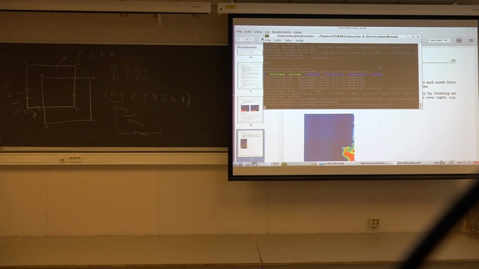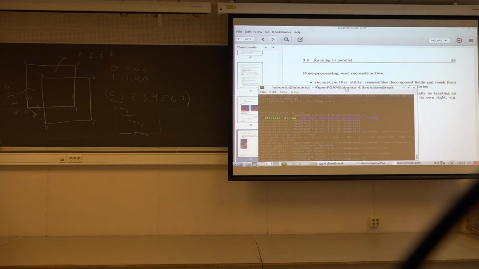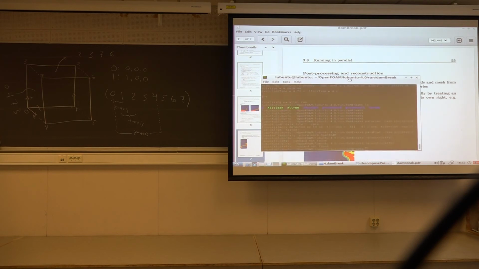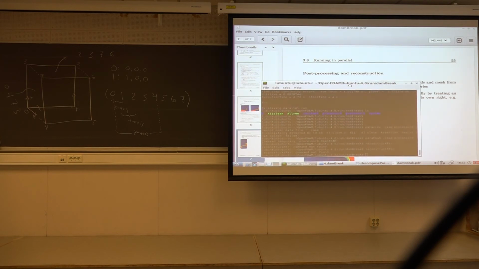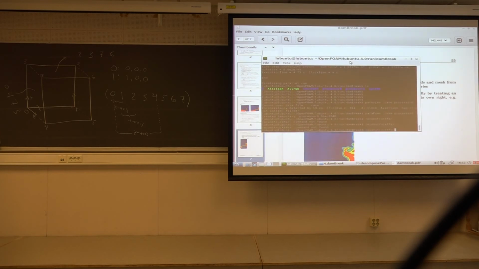He will then take the parts and join them together. Wasn't it reconstructPar? Reconstruct, minus a K. Ah, yeah, he doesn't like the K. There we go.